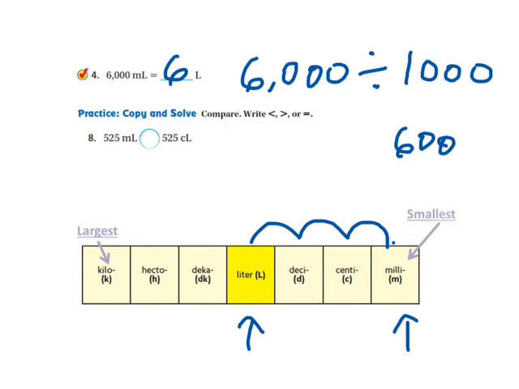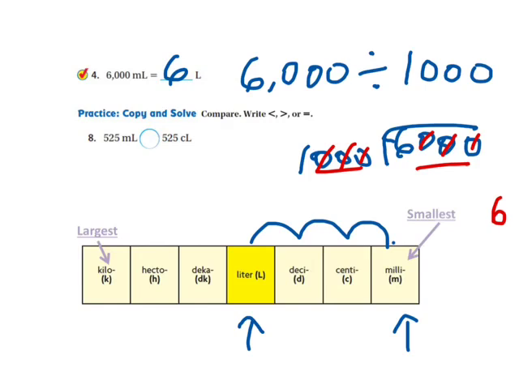If you can't do that in your head, this is what you can do. So I have 3 zeros here and 3 zeros here. And they cancel each other out since I have the same number on both sides. That becomes 6 divided by 1, and that is 6. So that's how I get 6.